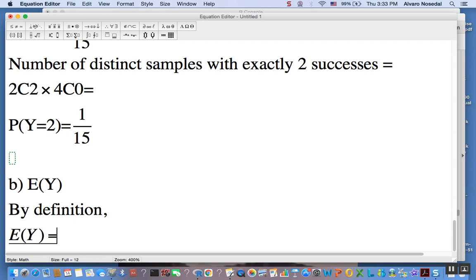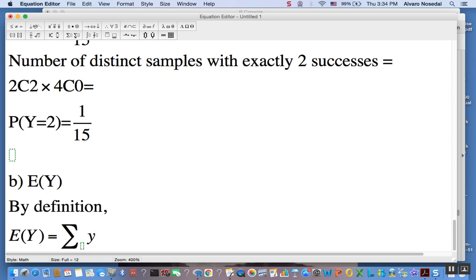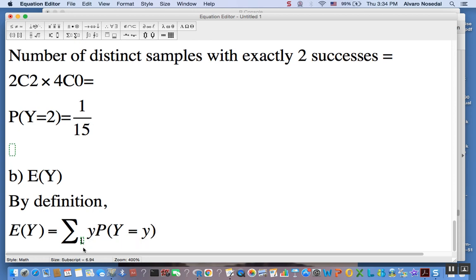And you do the sum for all the Y's. Okay? So let me just remind you about that definition. Probability that random variable uppercase Y equals a particular value lowercase y, times that particular value y, and we do that sum for all y's.